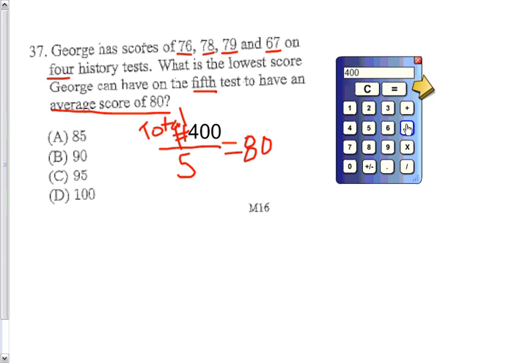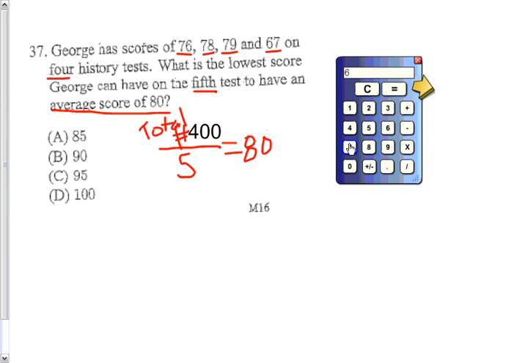We're going to subtract off each one of these scores. So we have 400 minus 76, then subtract the 78, subtract the 79, and then subtract the 67. Didn't do so well.